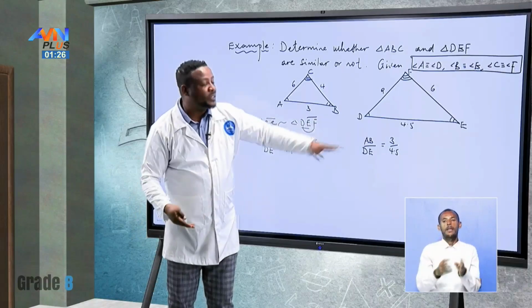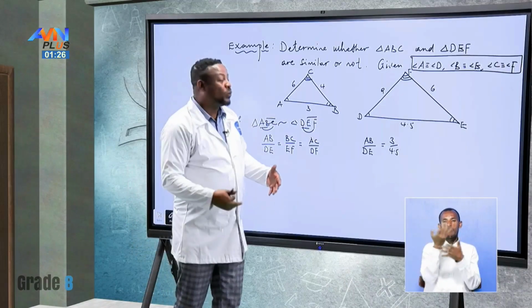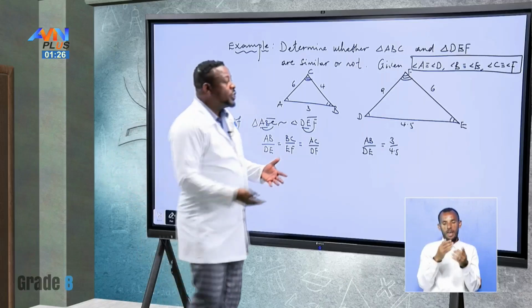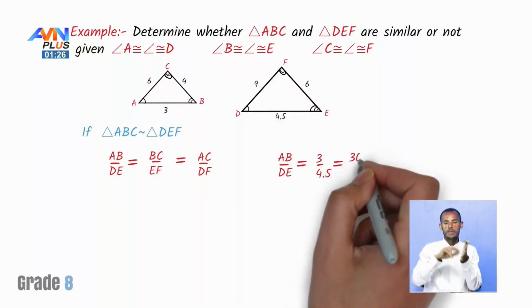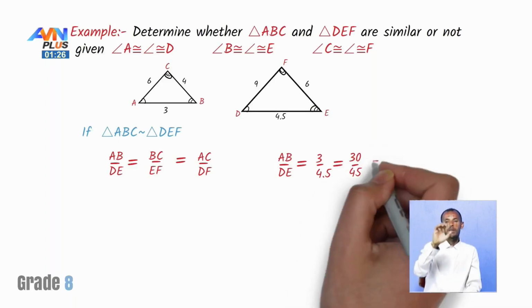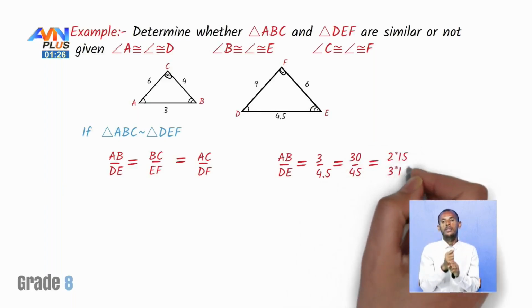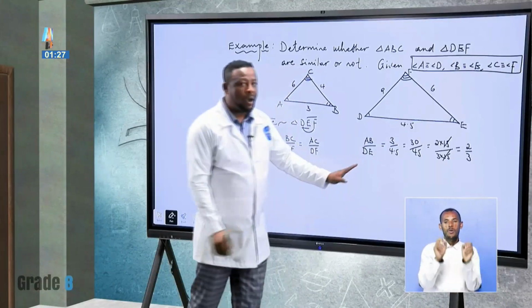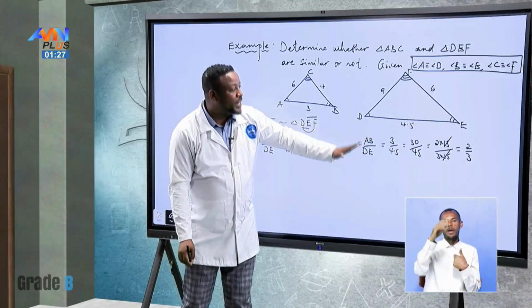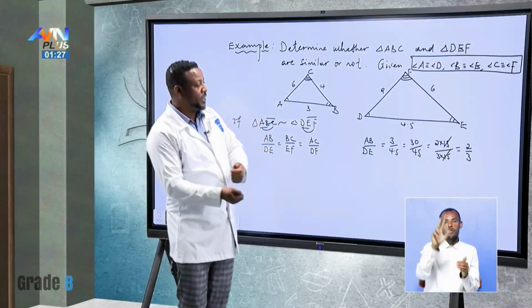So let us rewrite this in a more simplified form so that we can easily compare the ratios. 3 over 4.5 is the same as 30 over 45, right? And you can write 30 as a product of 2 times 15, and 45 can be written as a product of 3 times 15. So this can be simplified to 2 over 3, okay? Now we have AB over DE is 2 over 3.